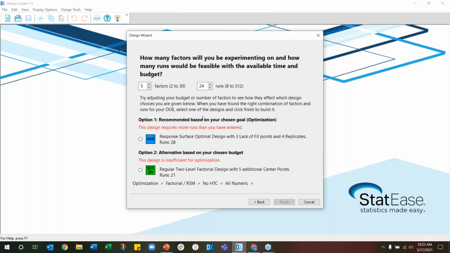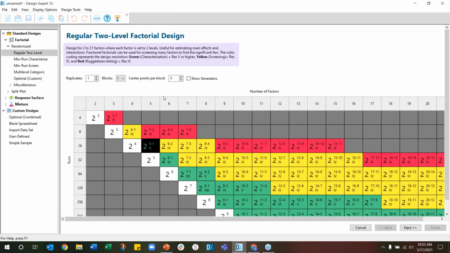If I say I only have 24 runs, then it gives me a couple of options, but it says, this has more runs than you've entered, or this design is insufficient for optimization, but that might be what you want to do. So that design wizard is a great way of giving you a starting point for which design is best for me. In general, if you are restricted on the number of runs, then the two-level factorials are going to be the starting point for you.